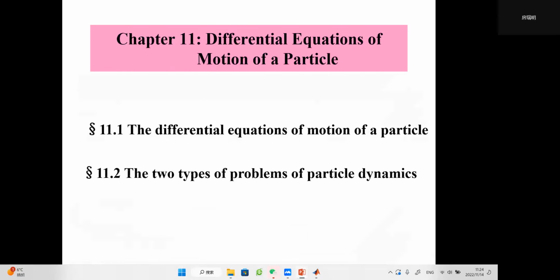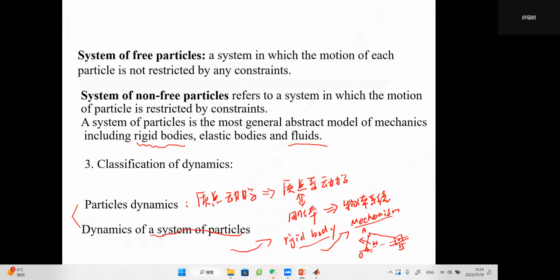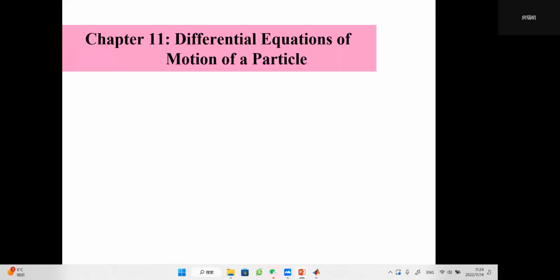So today we are going to learn chapter 11, the differential equation of motion of a particle. This is where we start to learn particle dynamics. It's quite easy. We will discuss some typical examples together.